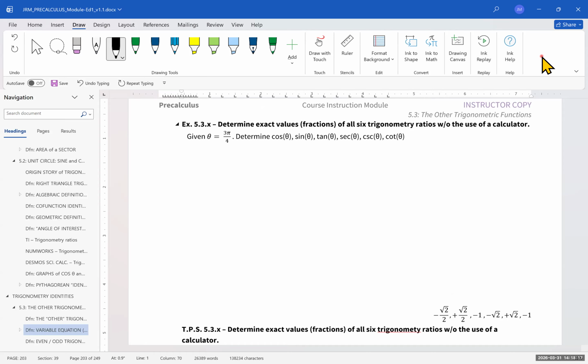Well, first thing we need to do is figure out where is this angle? So theta equals 3 pi over 4. If we do a quick little drawing of the unit circle, 3 pi over 4 is over here in quadrant 2.